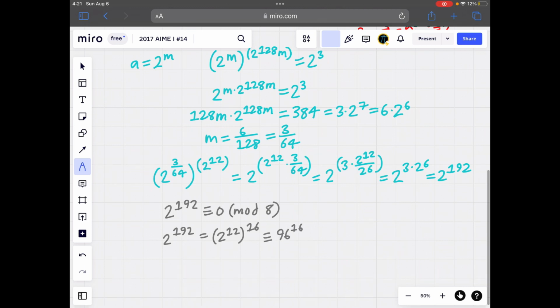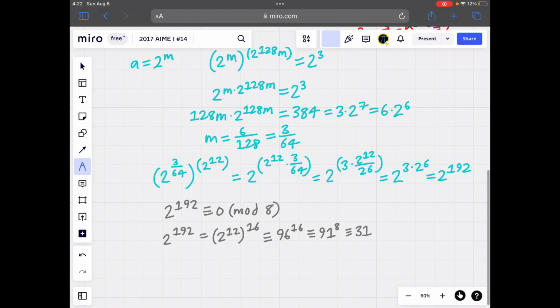So this can be written as 96 to the 16 mod 125. And we can keep squaring 96 4 times until we get the remainder when 2 to the 192 is divided by 125. So first, 96 squared is 9216. And 9216 is congruent to 91 mod 125. So we can write 91 to the 8th power. And then 91 squared is 8281, which is congruent to 31 mod 125.